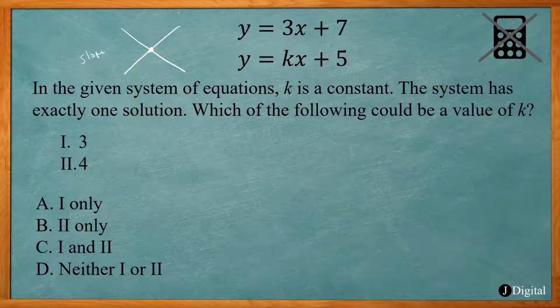You see in the first equation the slope is 3, so k needs to be a different slope. It can't be 3, so 4 would work out. So answer choice B, option 2 only, which is the value of 4 for k. So 4 would be the slope in that equation.